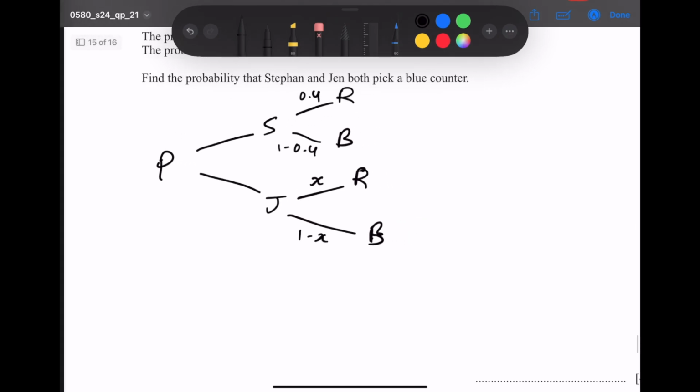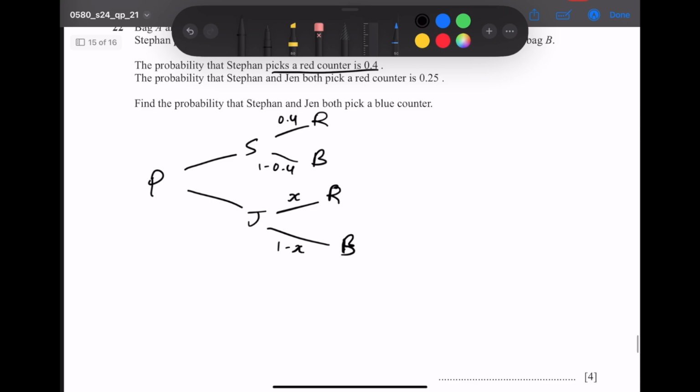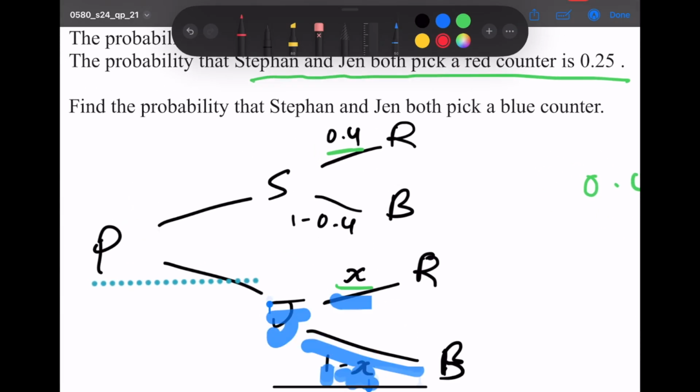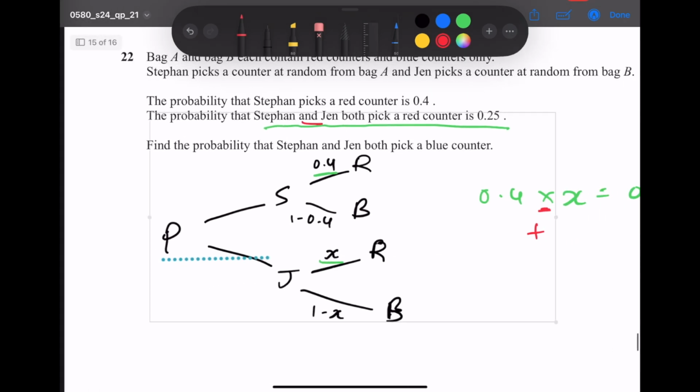So if the odds of Stephen and Jen both picking up a red counter is 0.25, this means that 0.4 times X is 0.25. The reason that we multiply and not add is because the probability that Stephen and Jen both pick up a red counter is 0.25.